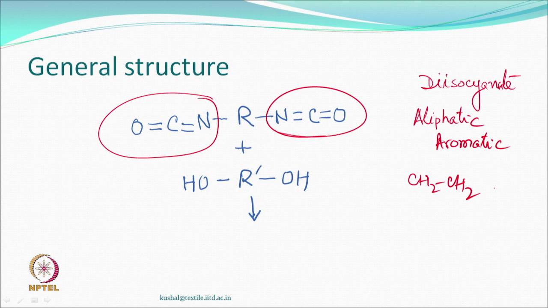So, if this R is aromatic, we get a cross linking, hard kind of segments getting created. If you have a lot of long chain aliphatic, it will be a more flexible chain and segments, and together they can form a material which will have the property of an elastomer as well.